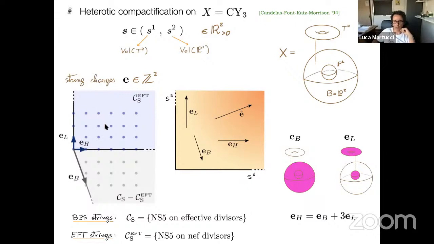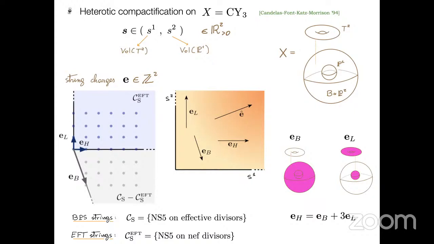Okay, and microscopically the corresponding strings are given by NS5 branes wrapping a so-called NEF divisor. Okay, so this set of EFT string charges can be identified with the cone of NEF divisors. Okay. You have 5 minutes. 5 minutes only. Okay.